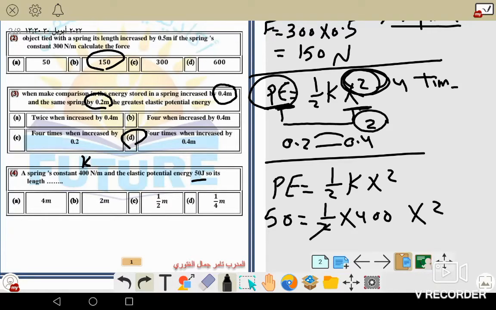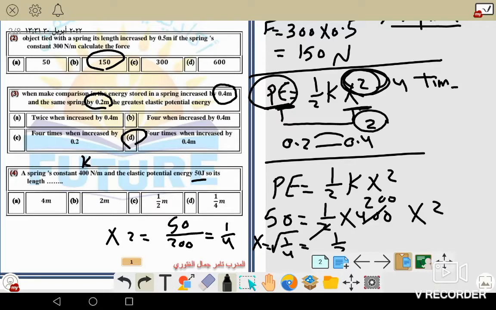Simplifying, 400 with 2 equals 200, x squared equals 50 divided by 200, which is 1 over 4. So x is the square root of 1 over 4, which is half.